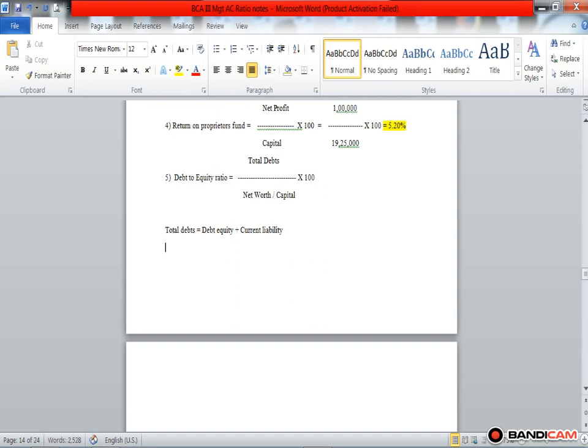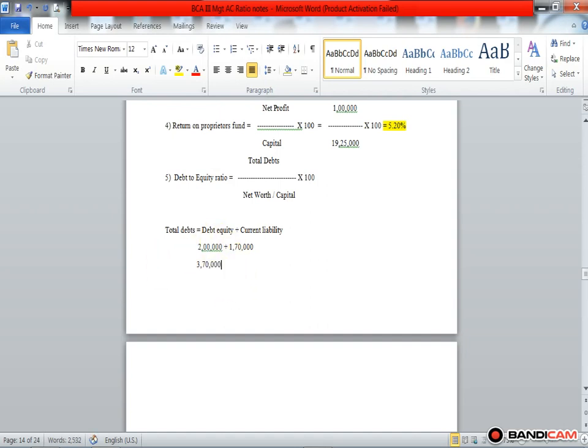Okay, so here debt equity is equal to 2 lakh plus 1 lakh 70,000. We get a total debt. Okay, so total debt is equal to 3 lakh, sorry, total debt is equal to 3 lakh 70,000.